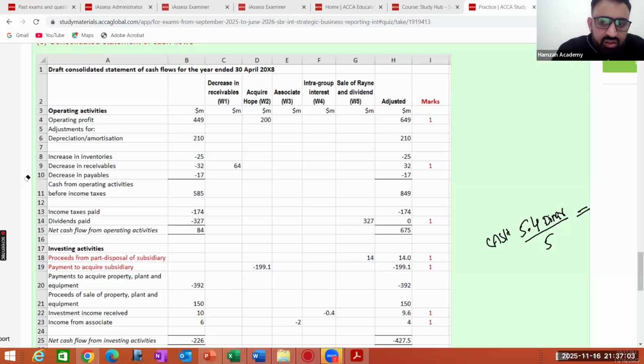Just a minute, not 5, because at the year end, the exchange rate is 6. So 5.4 divided by 6. What will be the amount of cash in terms of dollar? Can you tell me 5.4 divided by 6? Exchange rate at the year end.